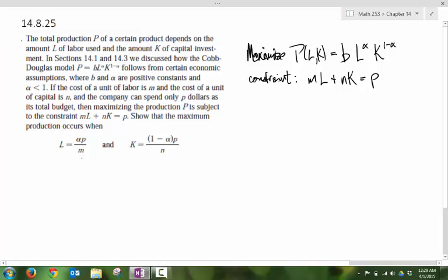So this is our setup, and this looks like it's a Lagrange multiplier type of problem.